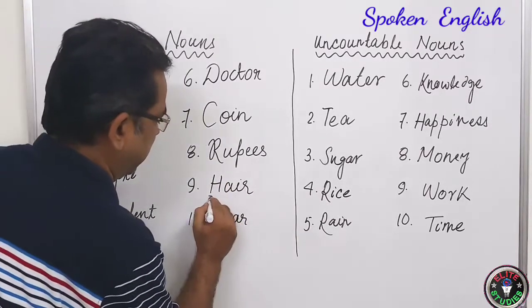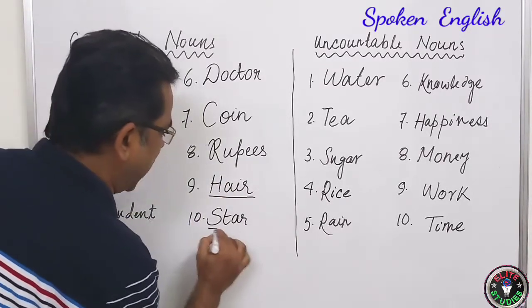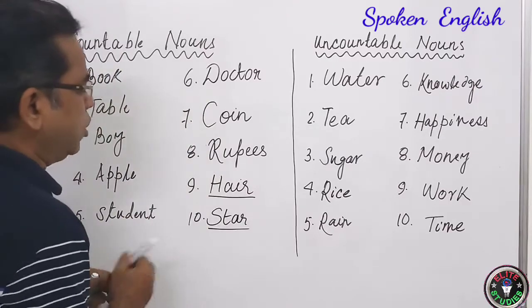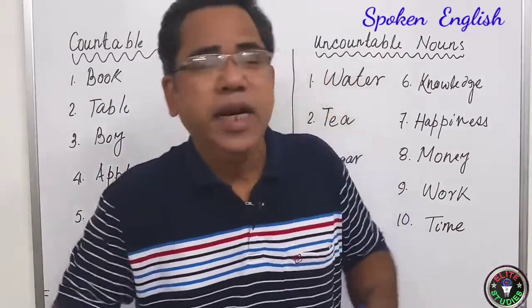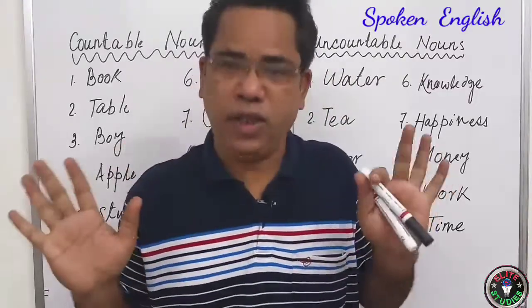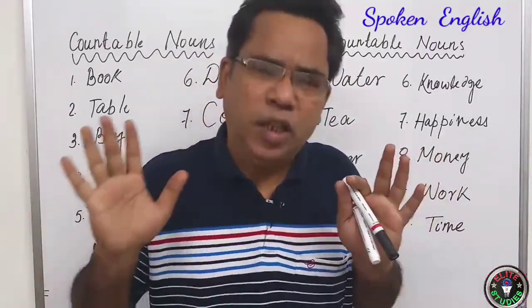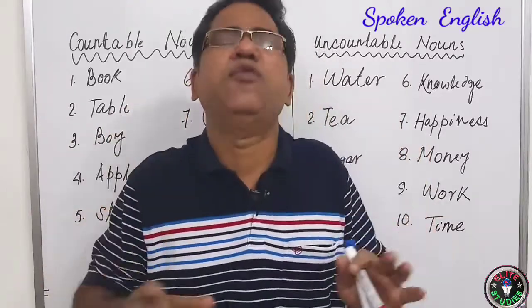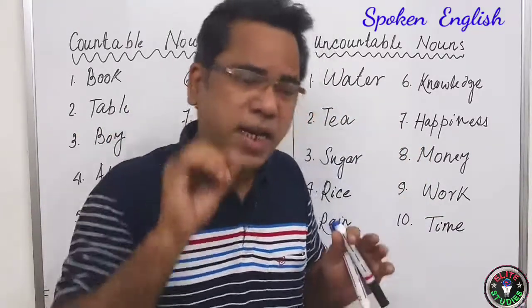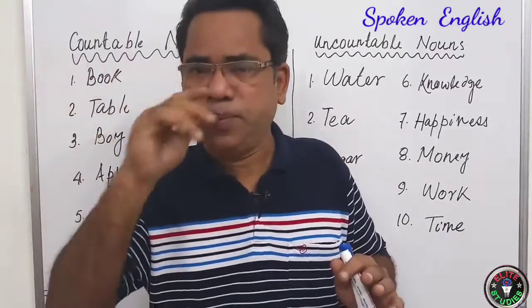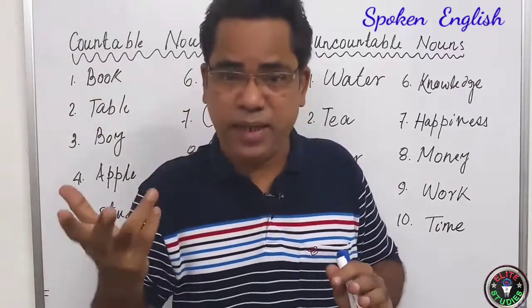So now here the thing lies. This is important: hair, star. Now you see hair. In English, dear student, English is not at all a perfect language. Clear? The whole English is full of exceptions. That's why to write English is difficult, but not so while speaking.